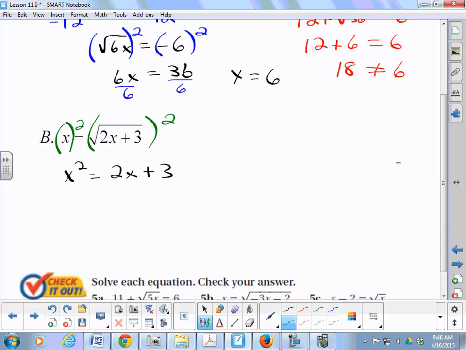If I can't factor, then I'm going to have to go all the way back to the quadratic formula or completing the square and do those things which you probably don't remember. Maybe you do. Hopefully you do. So we're going to subtract 2x and 3 from both sides.